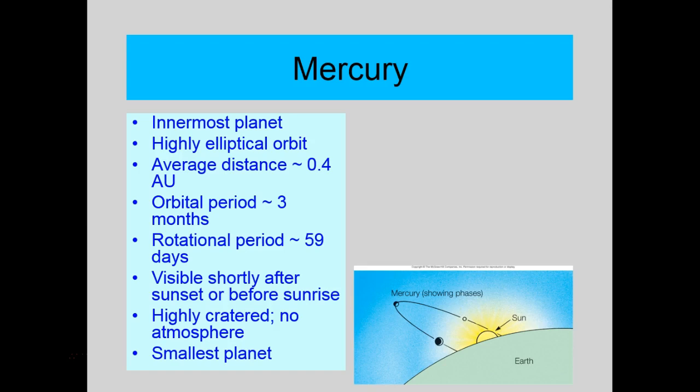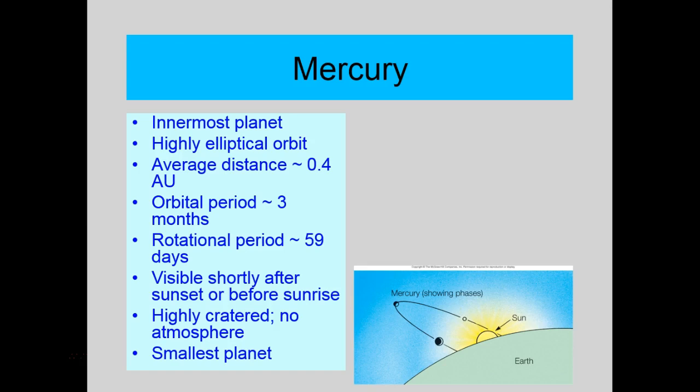Now remember, all planets have phases, just like the moon has phases. When Mercury is at its brightest, it's on the other side of the sun, almost directly in line with the sun, so it's going down right with the sun. You're not going to see it because it's on the other side of the sun.